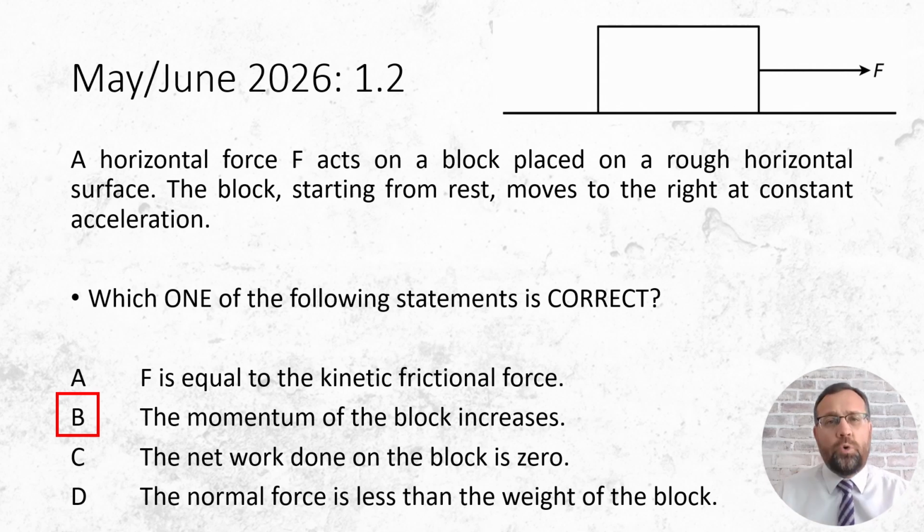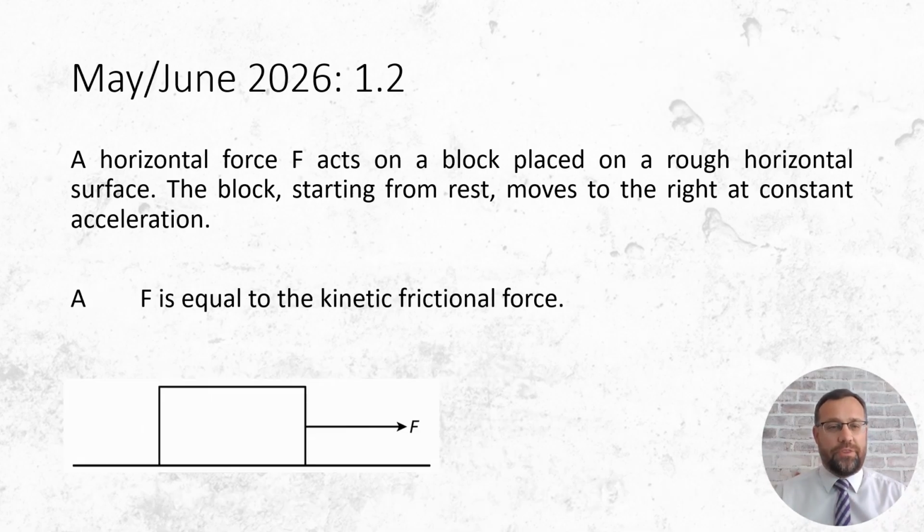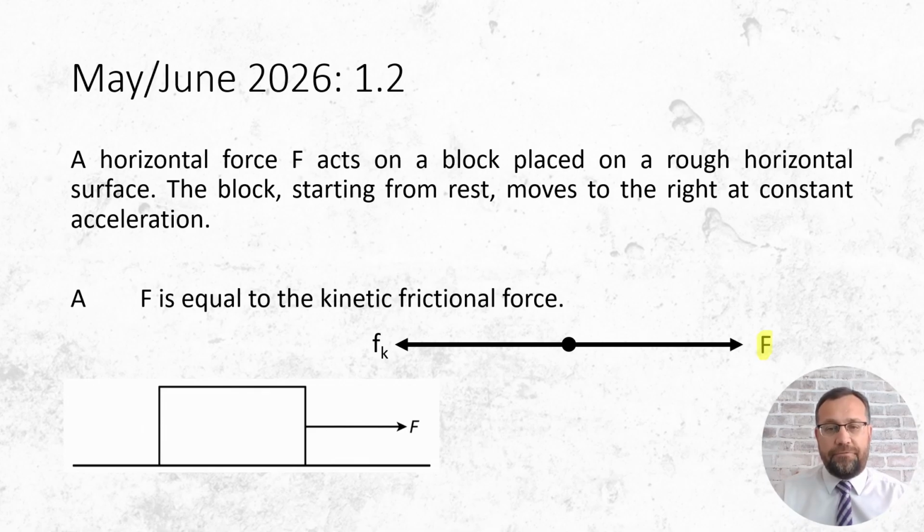Let's look at all the options in detail. Let's start with statement A. F is equal to the kinetic frictional force. If we draw the free body diagram of that statement, it looks like this, and you see that F is equal to the kinetic frictional force. But this then means that the net force, F net, is equal to 0.